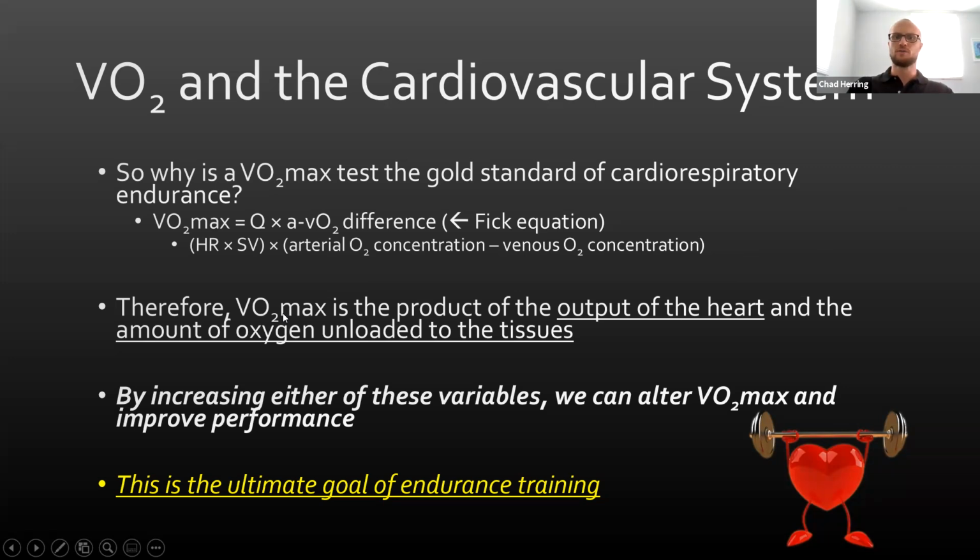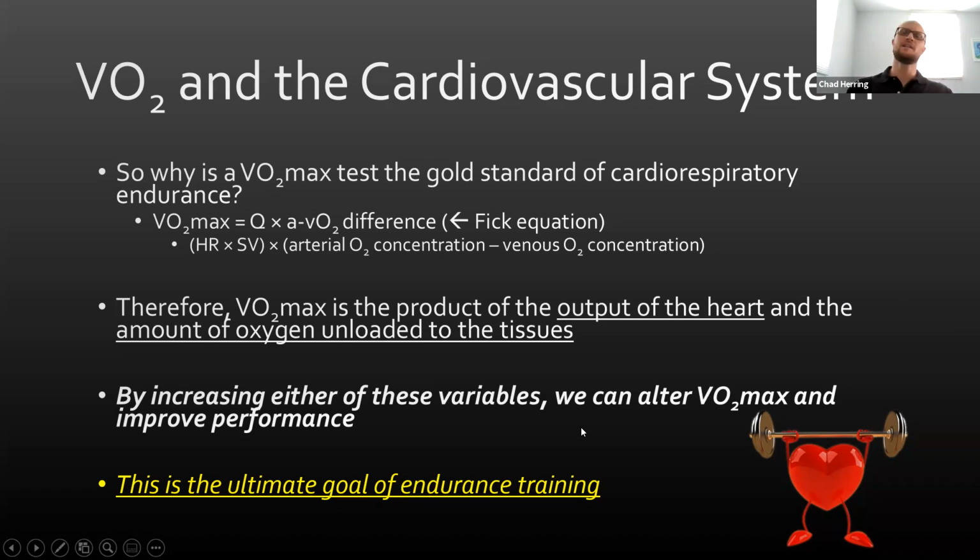Okay, so VO2 max is the product of the output of the heart, so remember, cardiac output, and the amount of oxygen unloaded to the tissues. If we increase either one of these variables, we can alter VO2 max and consequently improve performance. Okay, that's the ultimate goal of endurance training.